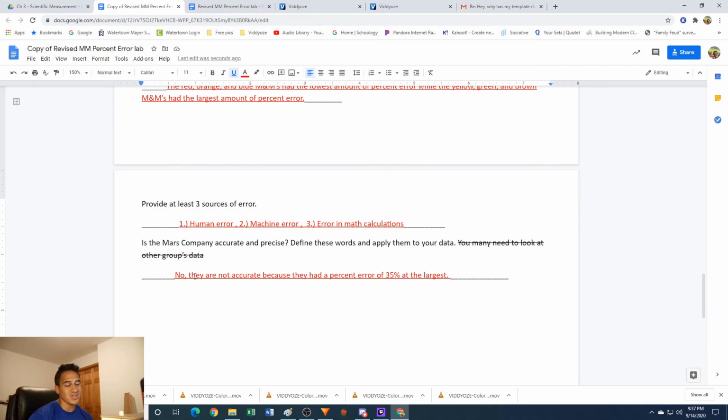Even though they're not accurate because they have percent error, they're all at least the same. They're all off by the same amount. Okay, so for precision, we can say they also are not precise because their percent errors range from 0% to 35%. If they were precise, then every percent error would be the same.